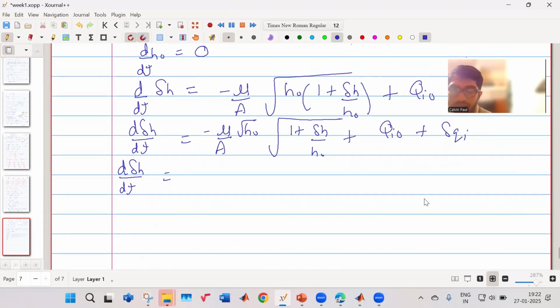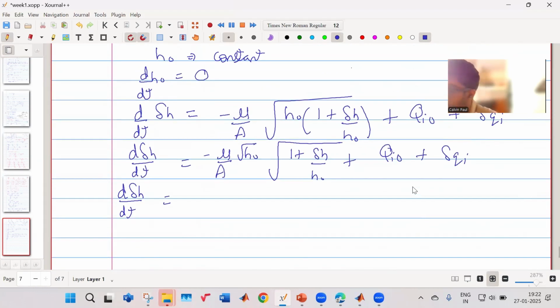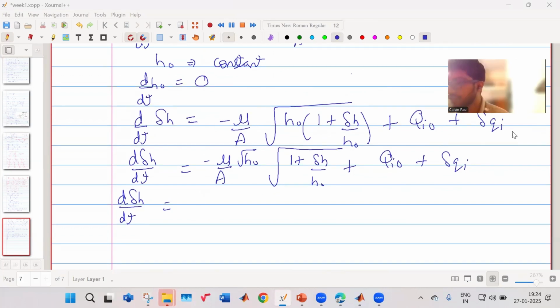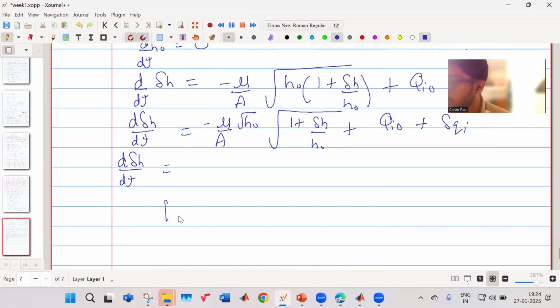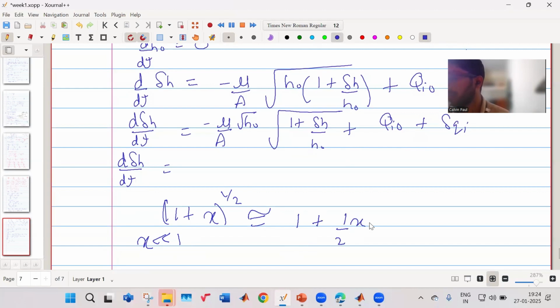Now in this derivation, there is a thing known as 1 plus x raised to half, and under the condition that my x is very much less than 1, I can approximate it as 1 plus half x.